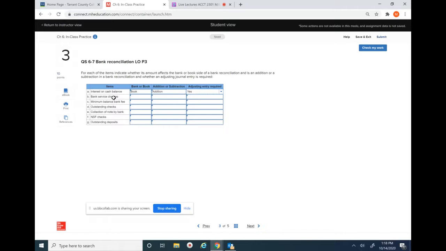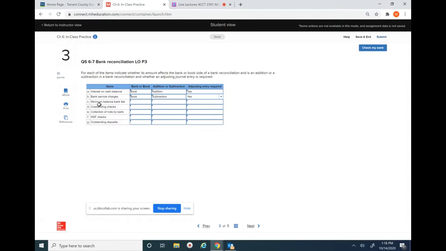So bank service charges, these will be reported on the bank statement. So on the reconciliation, we need to adjust the books. Any kind of bank service charge will decrease the book's balance. So we need to subtract it, and we need to prepare a journal entry to show the decrease of the balance.